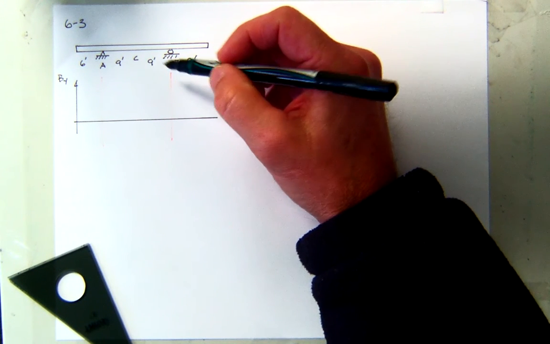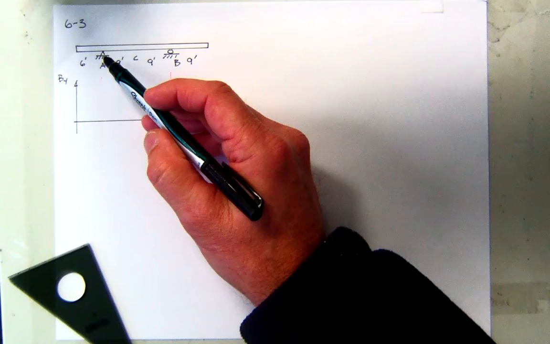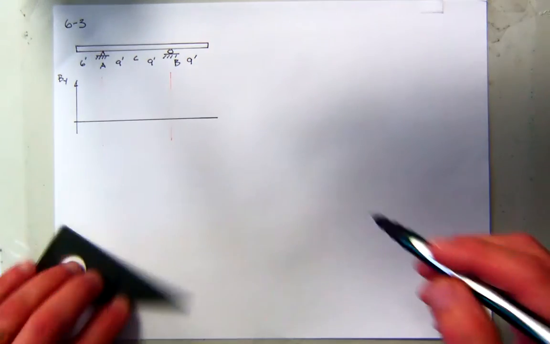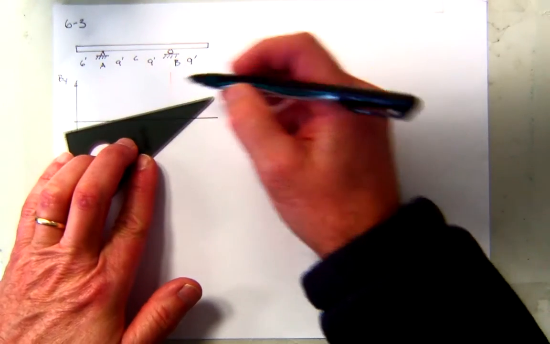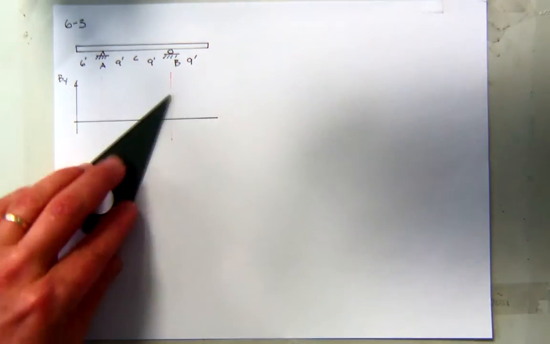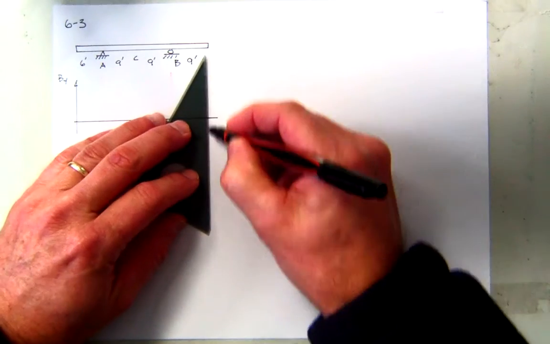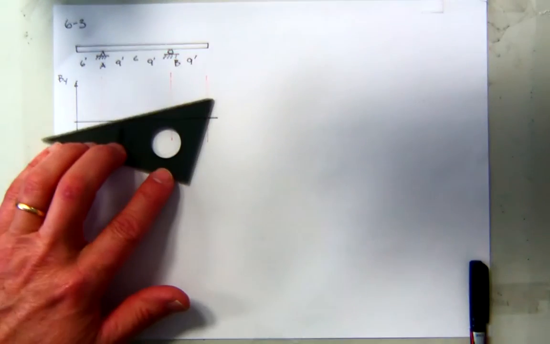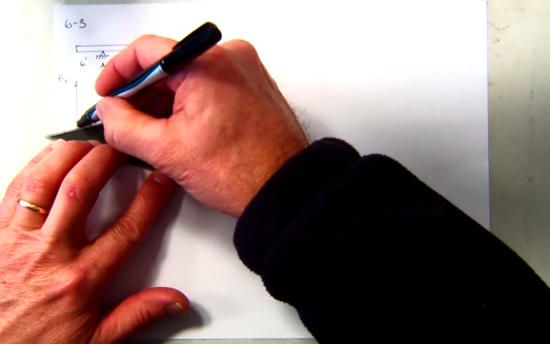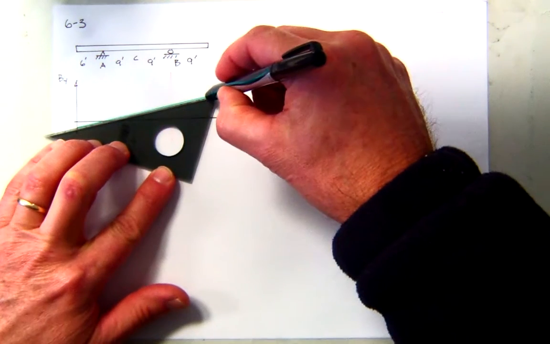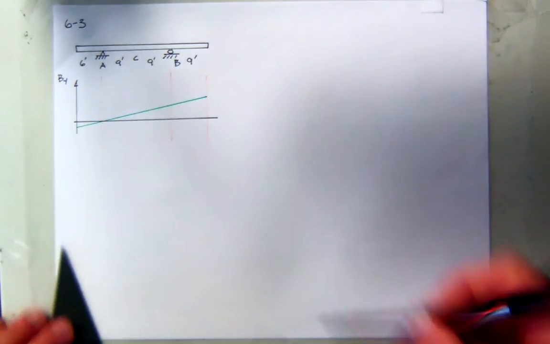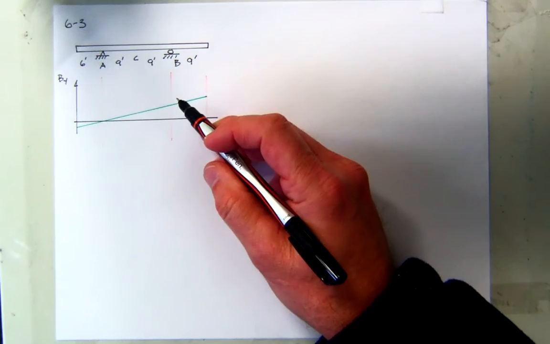It's going to go up. So it's going to really seesaw around A. So you're going to end up with something that looks like that, because I pushed it up here at B.